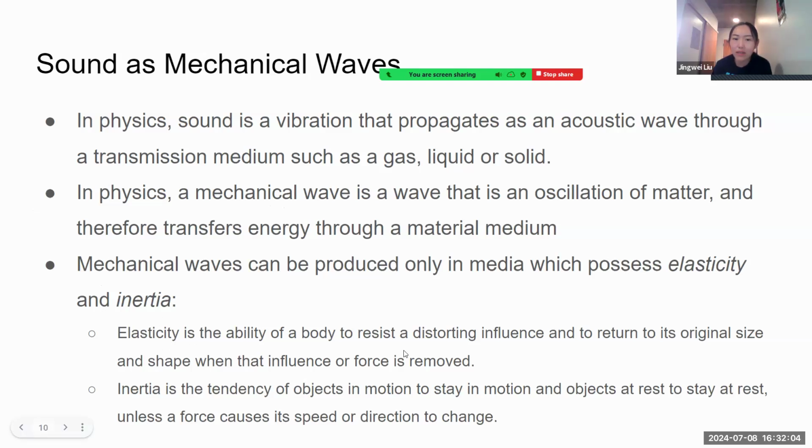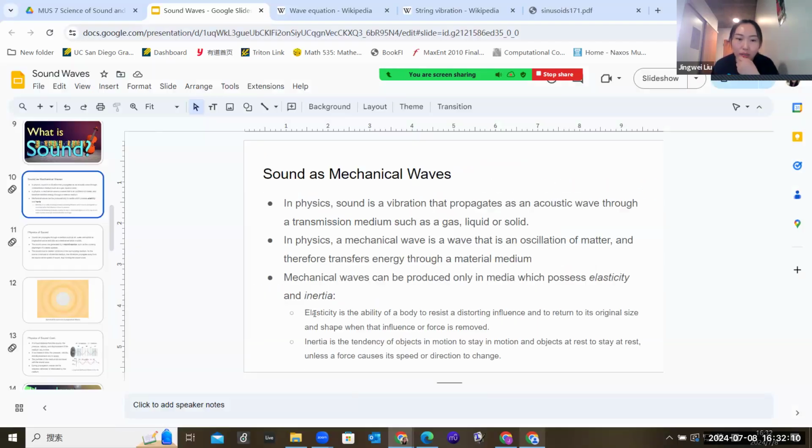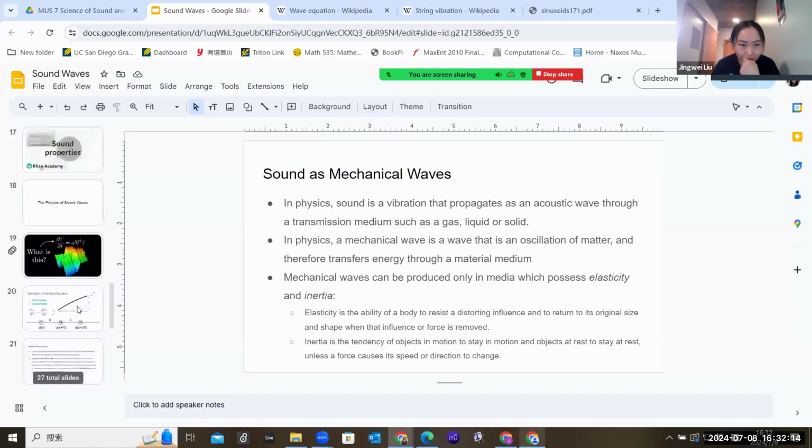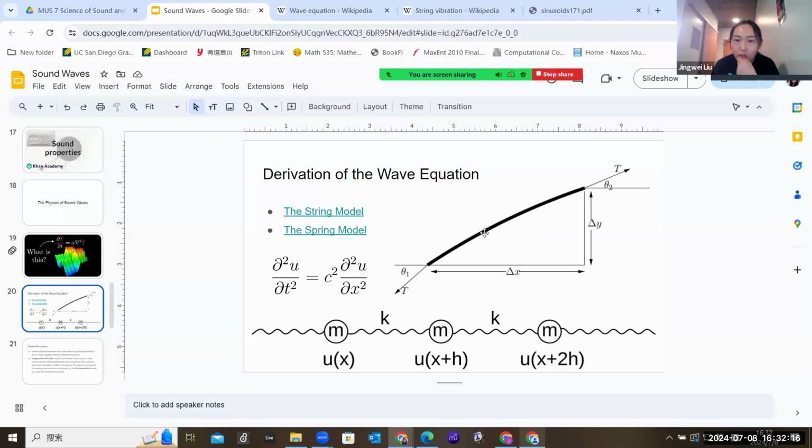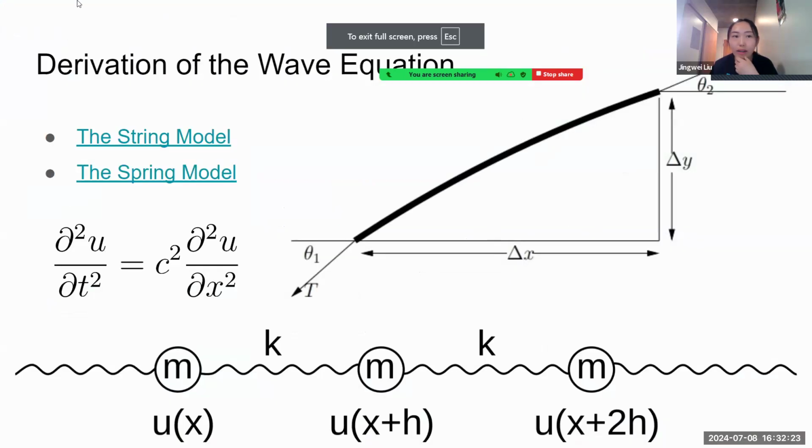Elasticity means there is a force to resist distortion. So we are going to use this elasticity of the material. Here we have a string, and the string is somehow deformed, therefore it has a tension.